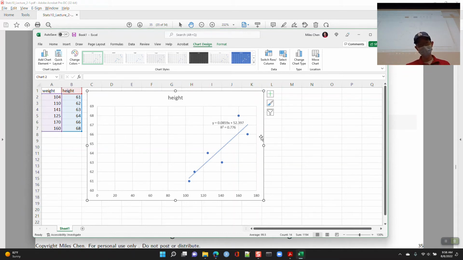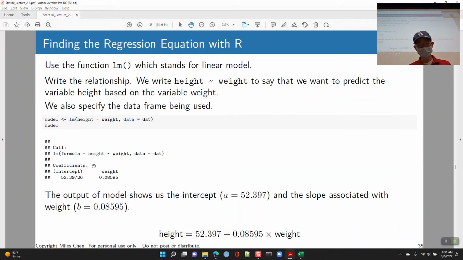So in Excel, in R, you get kind of the same idea here. Basically, we're saying y, height, the value we're predicting, is going to be 52.397 plus 0.08595 times the weight.